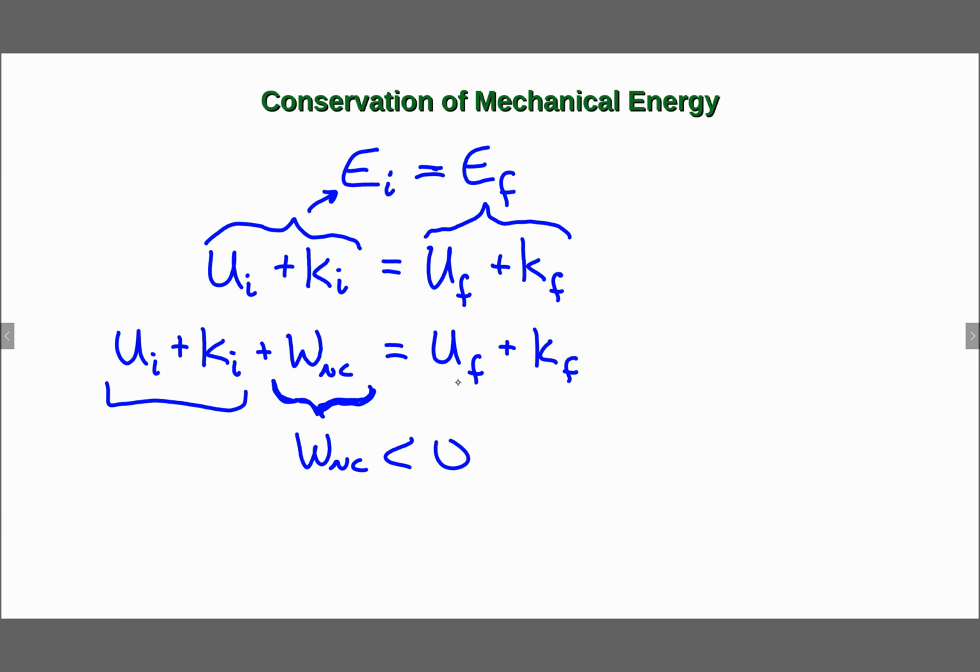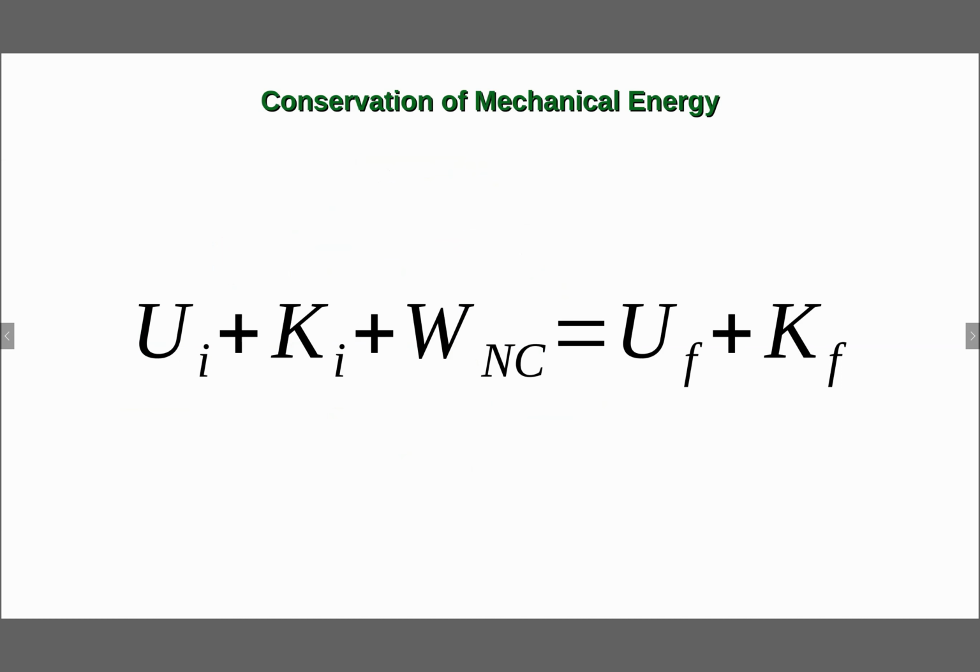And then those two things added together will tell us how much energy is at the end of our event. We said these non-conservative forces don't change the energy in the universe, but they do change the mechanical energy of the system that we're considering. So this is an important piece of our equation. Our general conservation of mechanical energy equation looks like this.